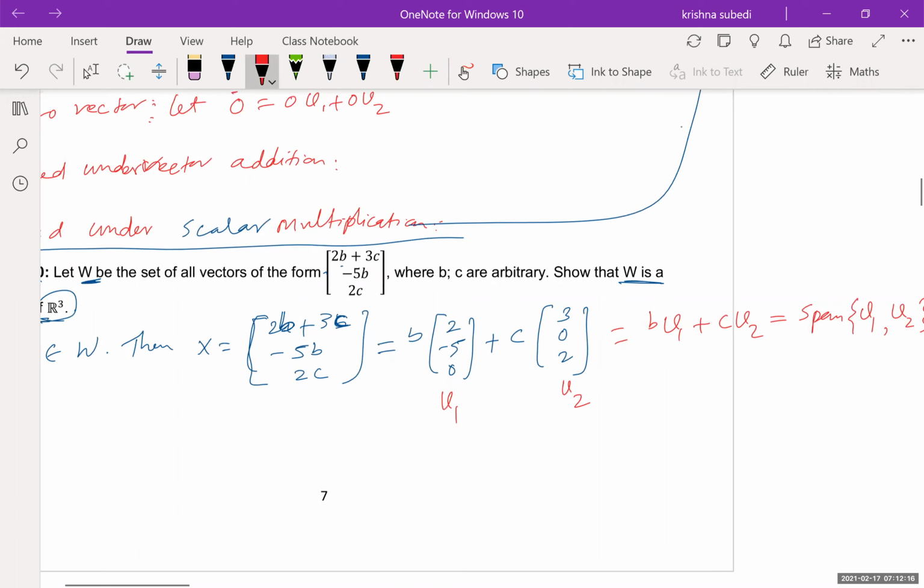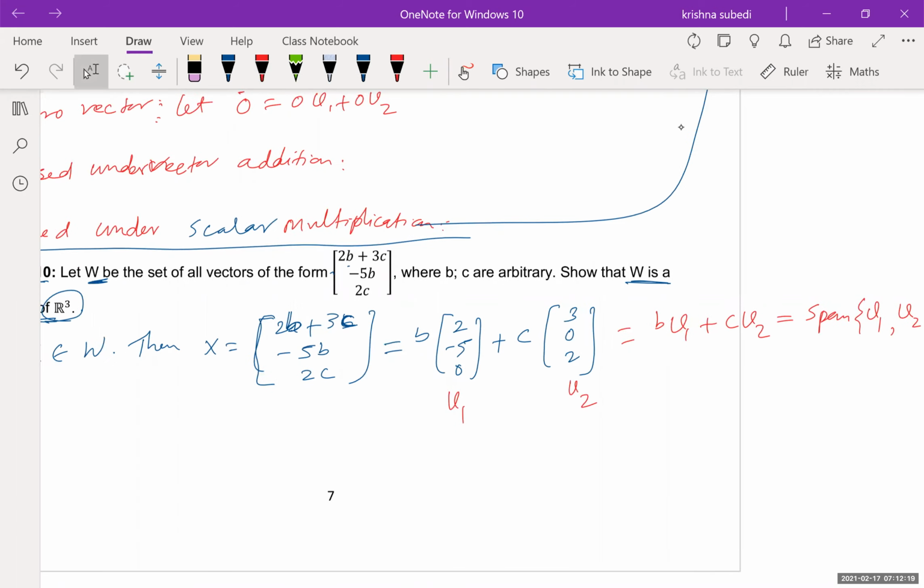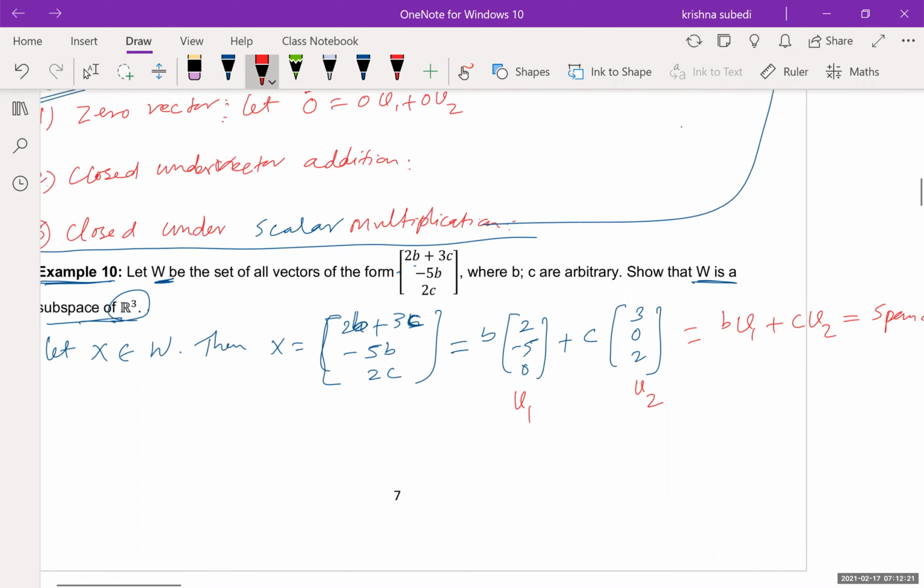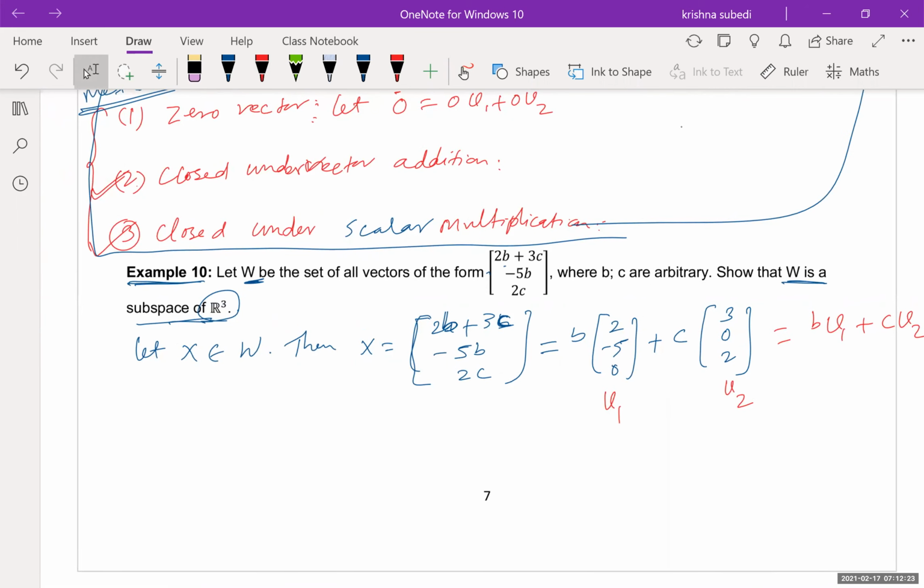So by theorem, you can simply write W here instead of X, that one is even better.